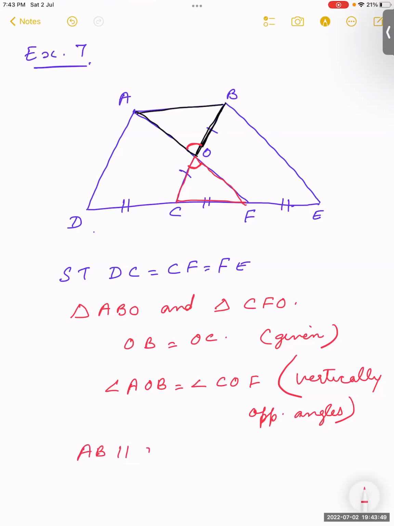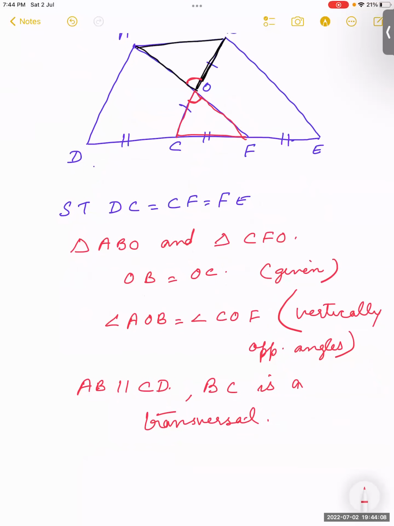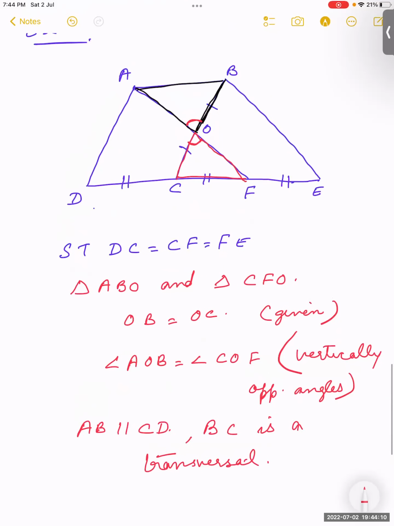We know that AB is parallel to CD, considering the parallelogram ABCD. BC will act as a transversal. Yes, it is correct. AB and CD are parallel lines, and BC is a transversal.